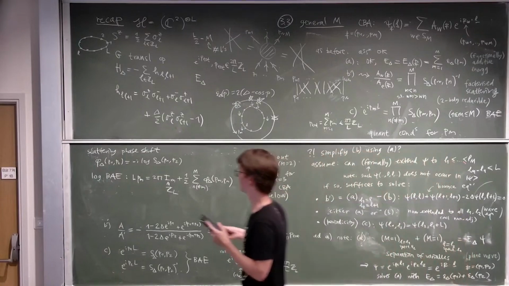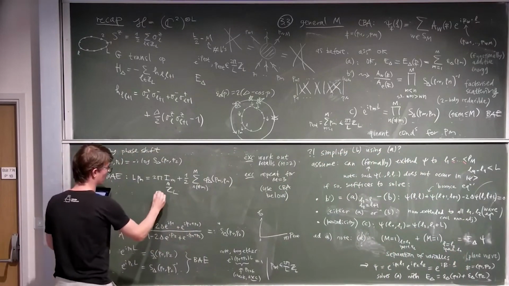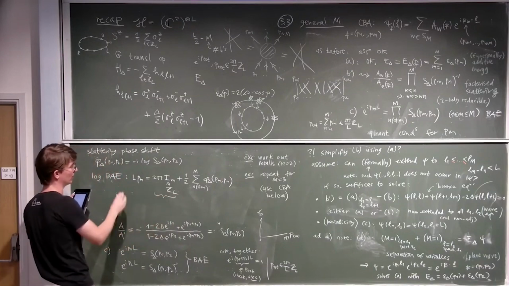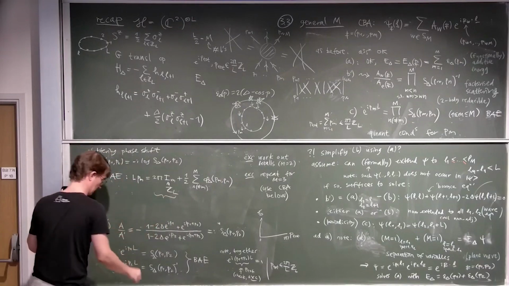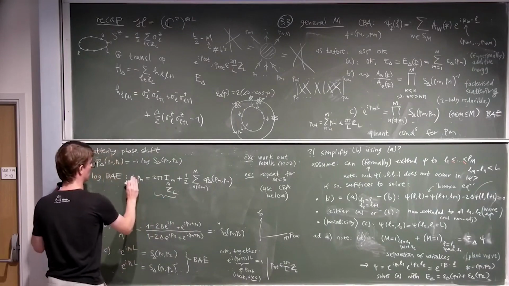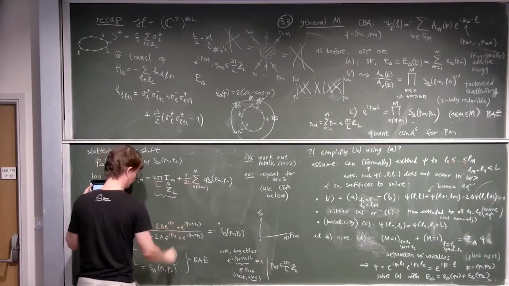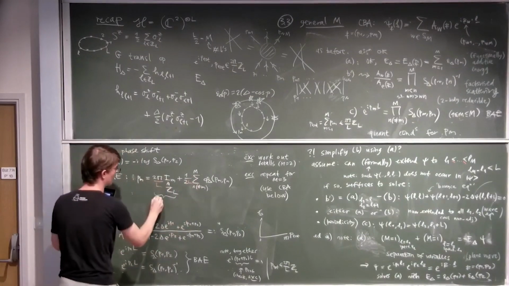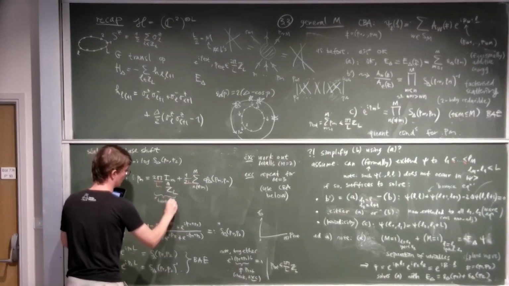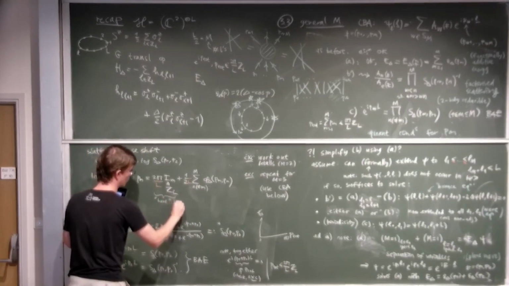And here we see the interpretation a little bit more. If I divide by L, let's do that, here as well, then this part here is kind of like the bare value of the p_m.